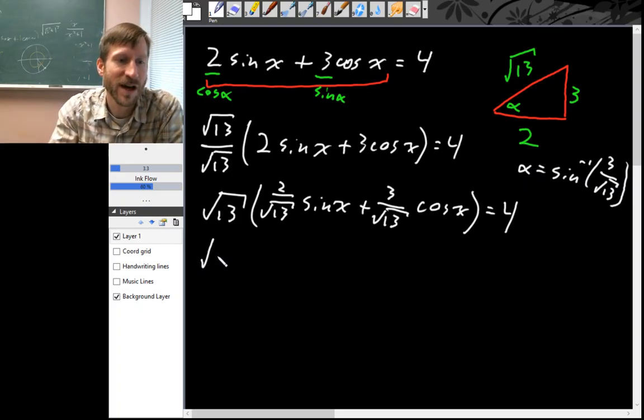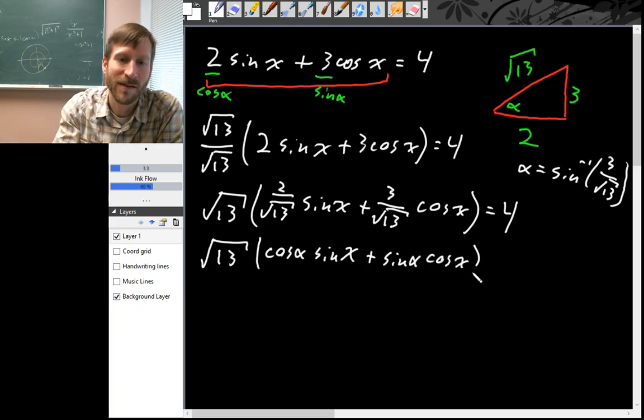So what we have here now is square root of 13 times cosine of alpha sine of x plus sine of alpha cosine of x equals 4.